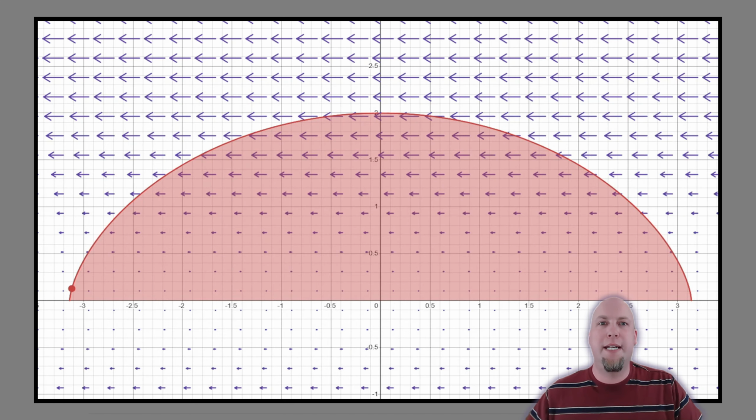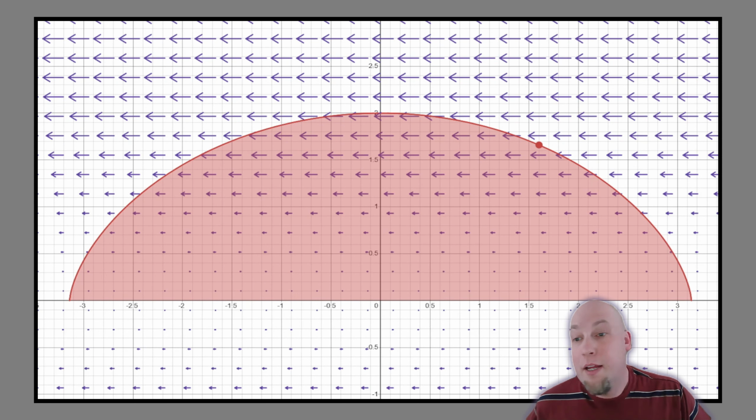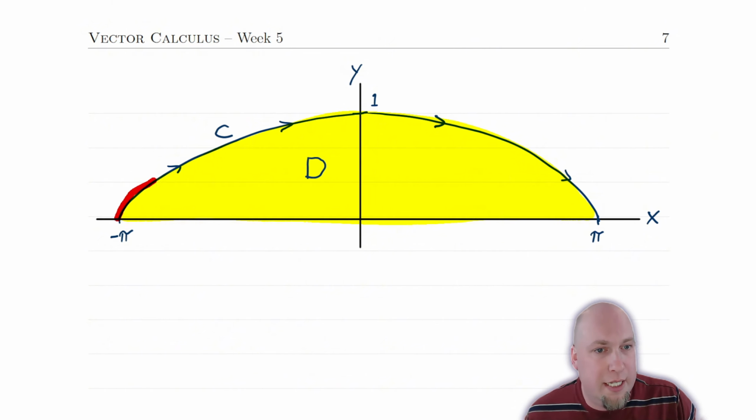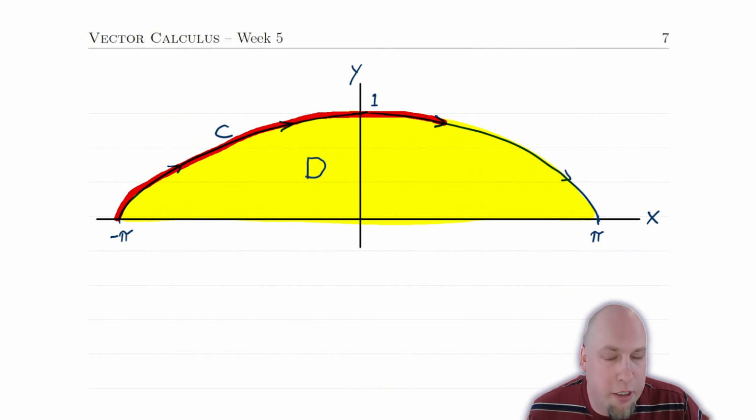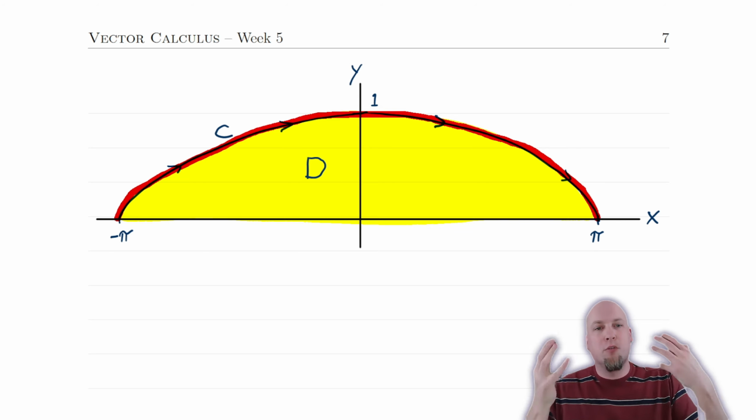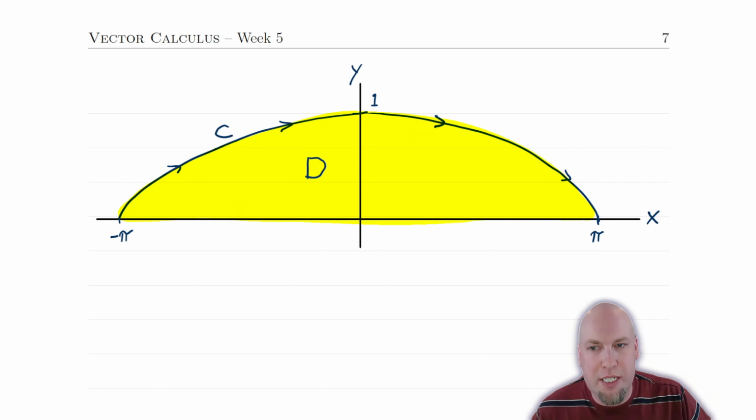And to illustrate what I did wrong, I want to draw a picture. What did we just compute? So the path that we were given, this top curve here, what was called the cycloid, okay, that's shown here, traced in red, okay? And then the region D that we were asked to compute the double integral over is this thing here, okay?